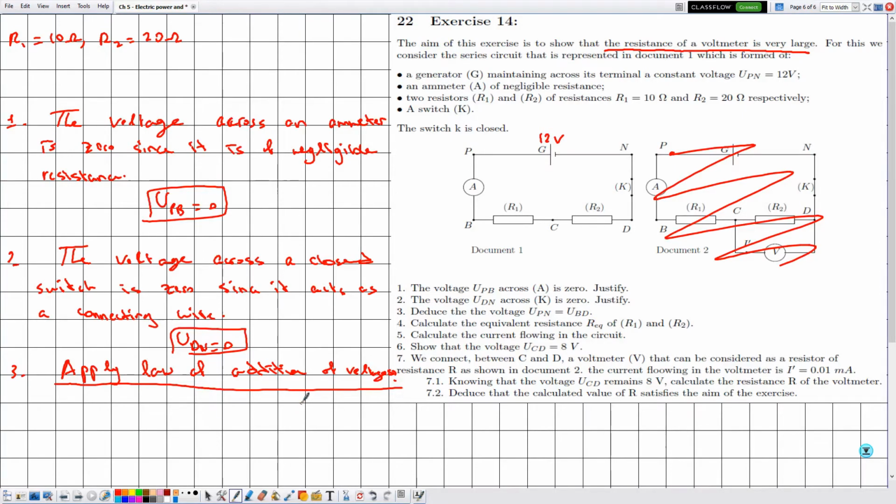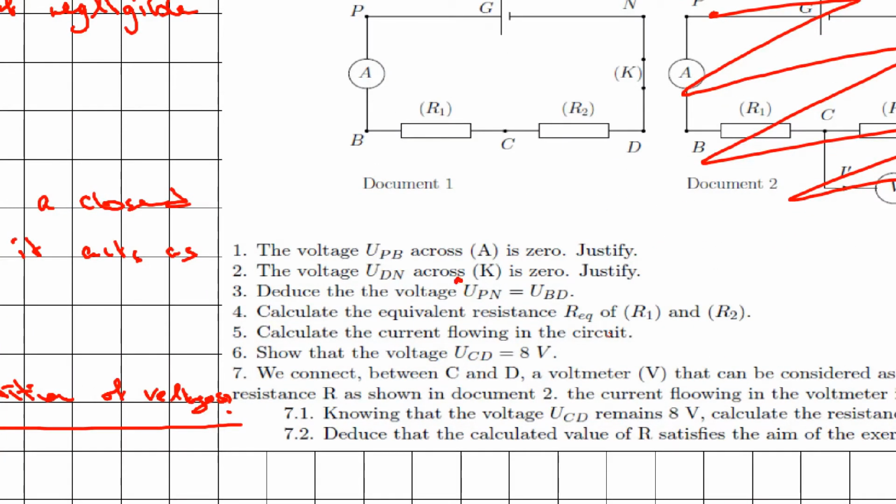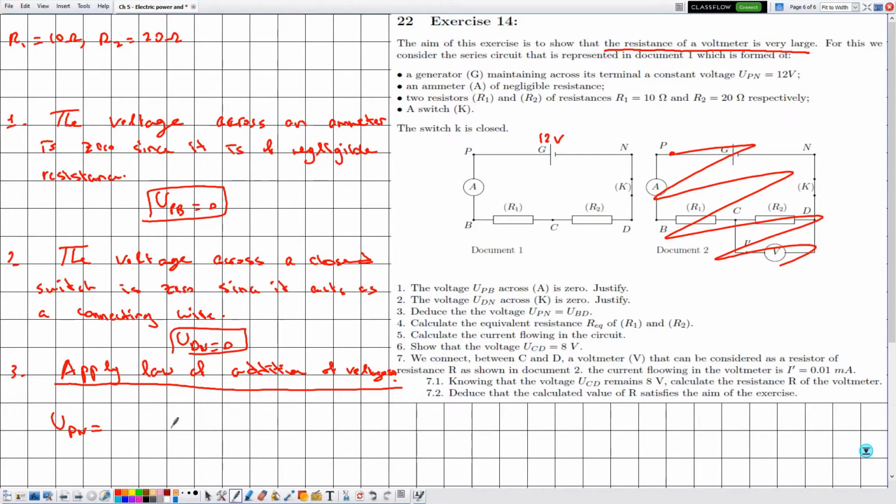So on the left hand side of this equation we write the voltage UPN, and on the other side of this equation we write voltages across different components starting from P and ending with N, making sure that both UPN and UBD are kept as variables in order for them to appear in the equation.